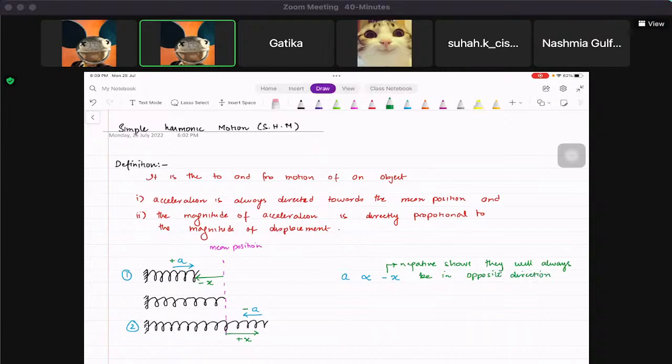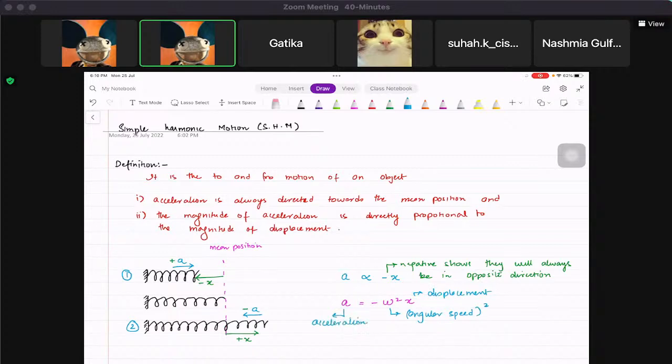All right, now if I open this up, I will get a formula which is a = minus omega squared x, where omega is the angular speed squared, right? And x is the displacement, and a is the acceleration.